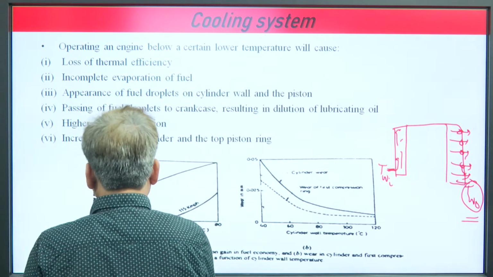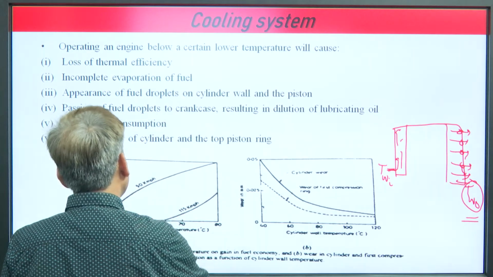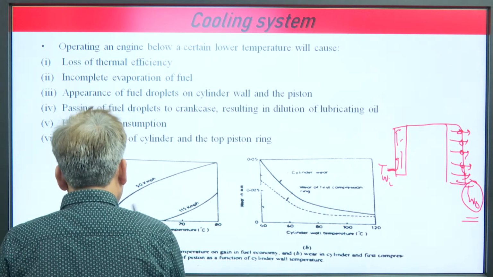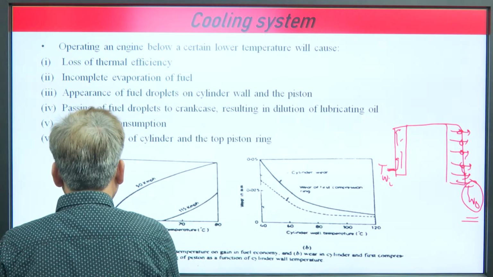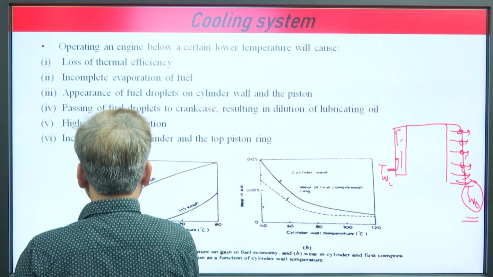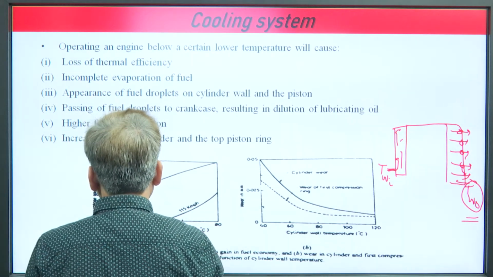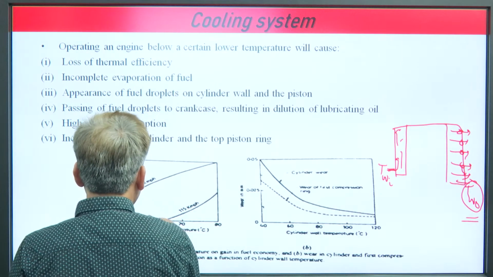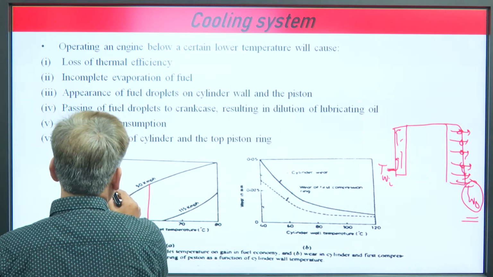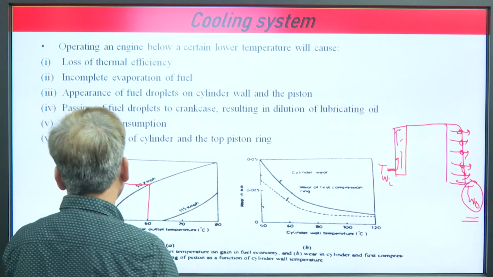If the speed of the engine is 50 kilometers per hour, then for an outlet temperature of 50, the fuel economy is normal. If you increase the outlet temperature to 60, the fuel economy improves by approximately 2%.